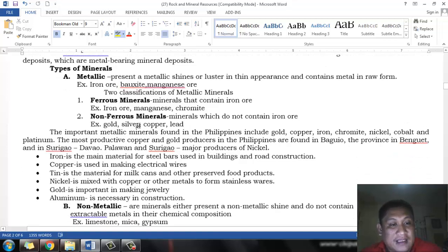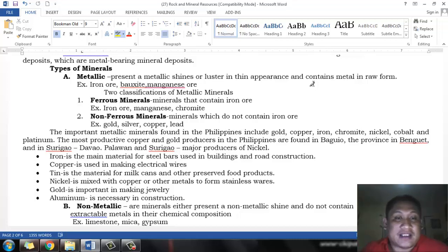So when you say metallic, present a metallic shine or luster in thin appearance and contains metals in raw form. So examples of metallic minerals are iron ore, bauxite, manganese ore, and when we say metallic minerals, they are classified into two: ferrous minerals and non-ferrous minerals.